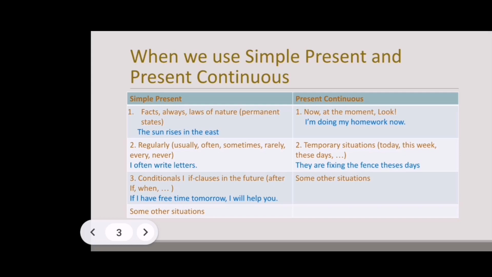So once more, simple present we use for permanent states, regular actions, habits, routines, and for conditionals of the first type. And present continuous we use for actions that are happening now or at the moment, or for temporary situations. Once more, we usually add today, this week, these days.